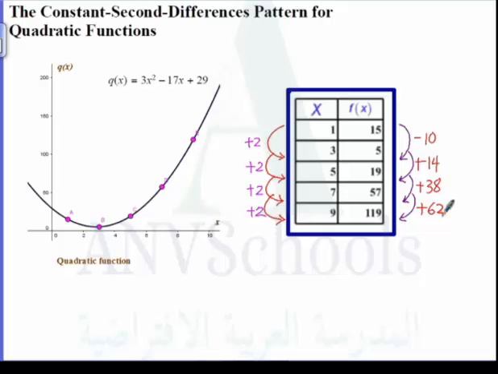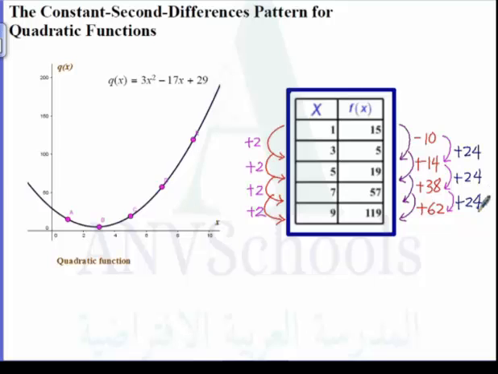But looking at the second difference, which means we are going to subtract the given differences from the previous to the succeeding value of the first difference. So now we get the second difference, and you could see that this pattern gives us plus 24 here, and this is also plus 24, and the third one also gives us plus 24.